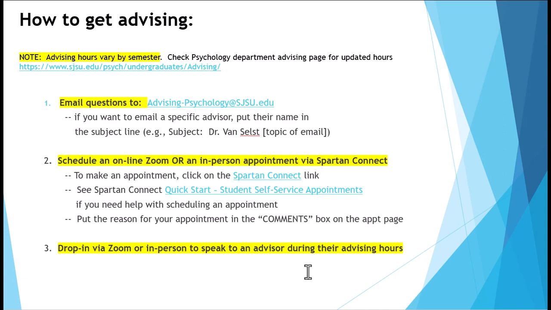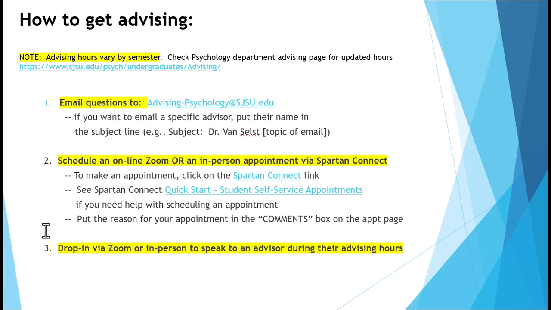But we also want you to realize that we may not be able to guarantee that we'll meet with you during our drop-in hours, because sometimes during the course of a semester, many students show up at the same time. So it's difficult to get to everybody during that time if it's very busy. So I really encourage you, if possible, to schedule an appointment, because that way it's guaranteed that you'll be able to meet with an advisor during that appointment time.